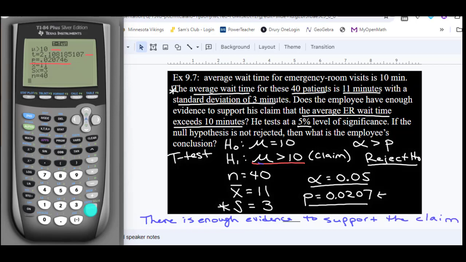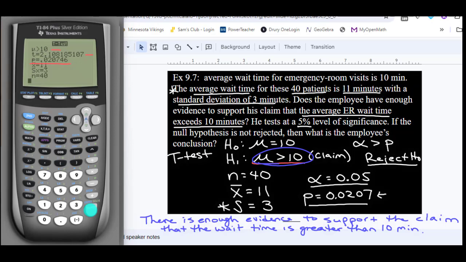And notice our claim was right here in the alternative hypothesis that the wait time is greater than 10 minutes. Okay, so that would be our conclusion in a normal situation.